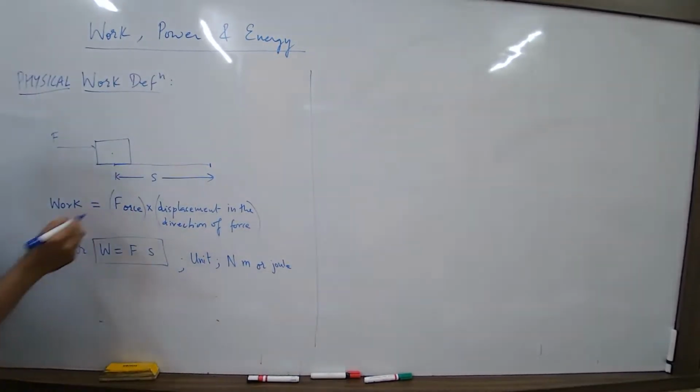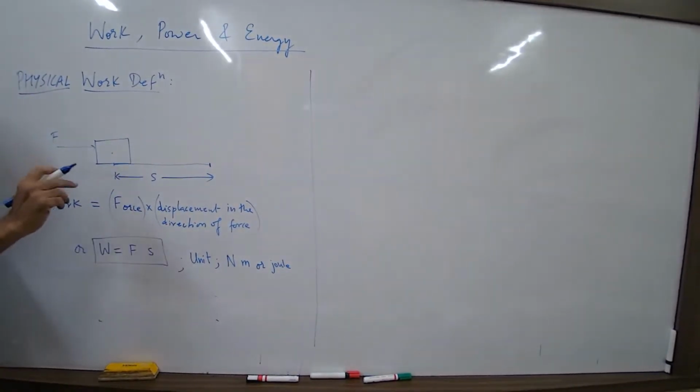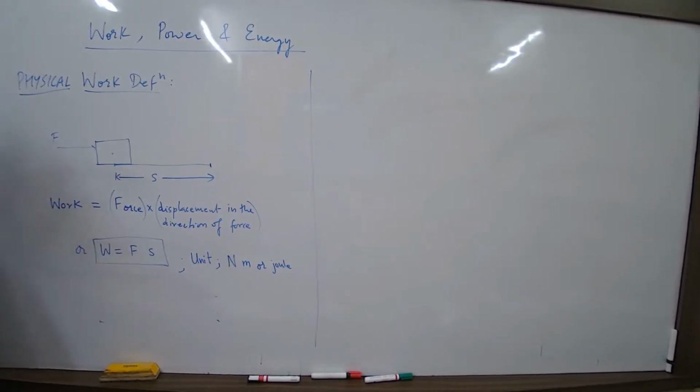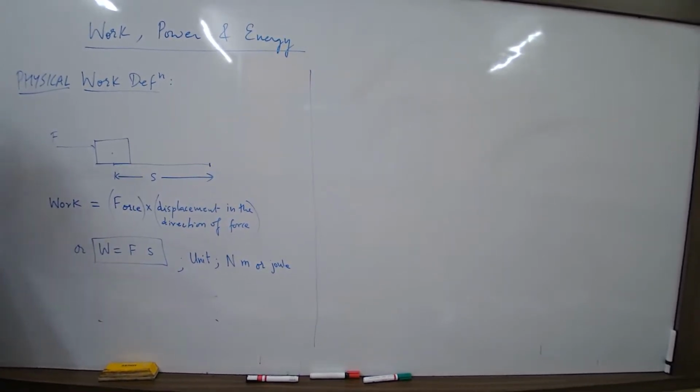Now this is one situation where we applied the force and the displacement took place in the direction of force. There could be a situation when force and displacement are in different directions. Right?